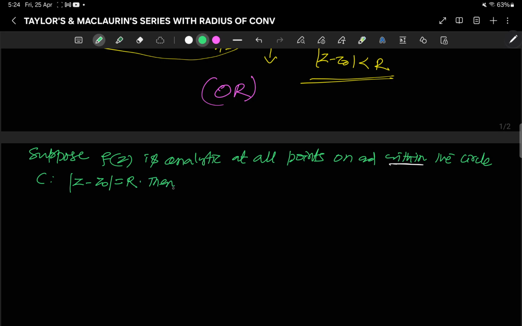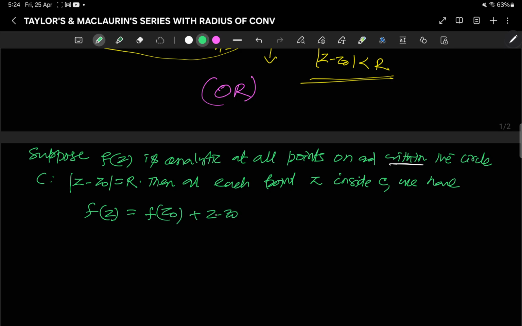at each point z inside C, we have f(z) = f(z0) + (z - z0) f'(z0) + and so on, (z - z0)^n times the nth derivative at z0 by factorial n, plus so on.